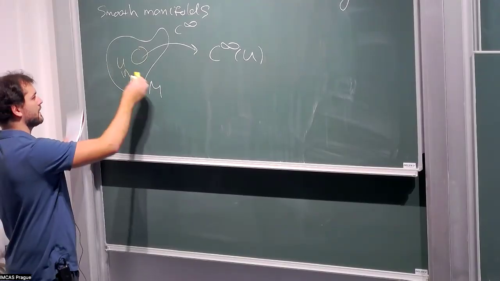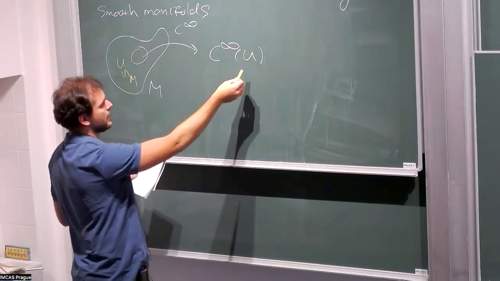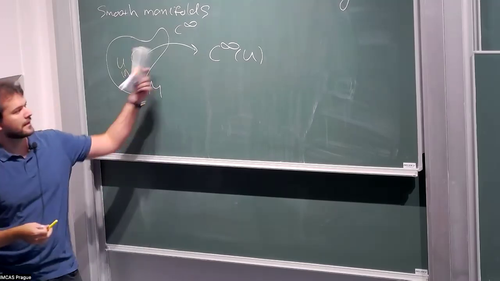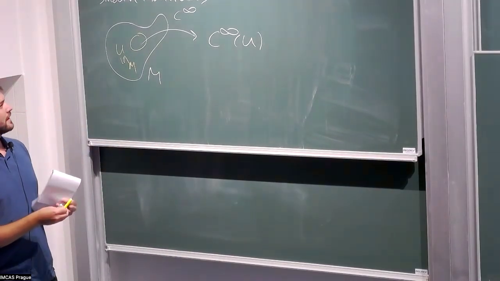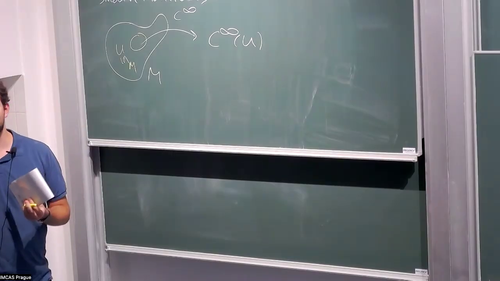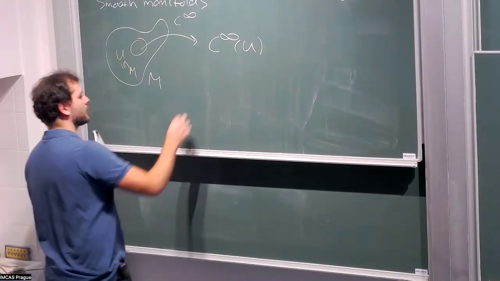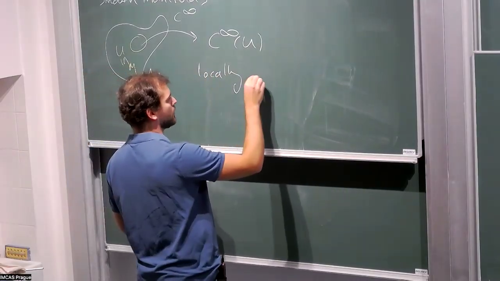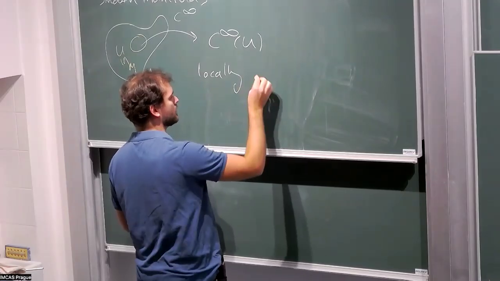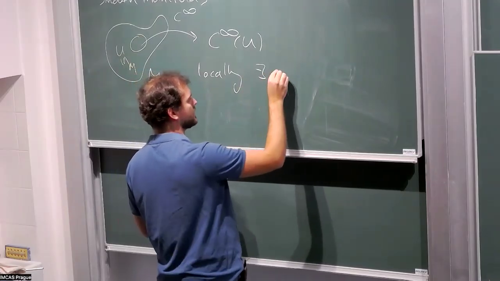Basically, this is just it: you take an open subset, you assign to it an algebra of smooth functions. And this has some properties that I won't go into, but the most useful one is that locally, coordinates exist.